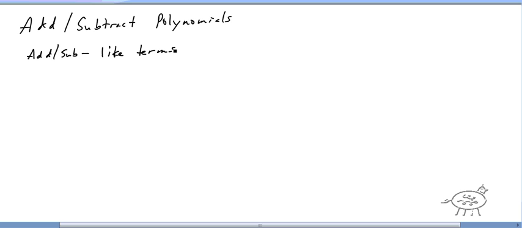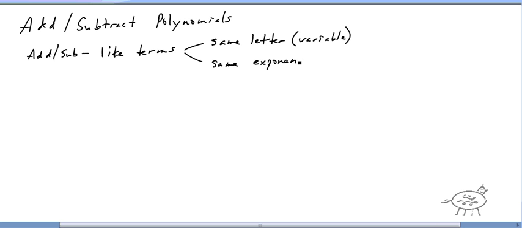That's important. And remember what a like term is. A like term has 2 parts. It has the same letter or variable, and it has the same exponent. That's the only way you can add them together, that you have to have both.